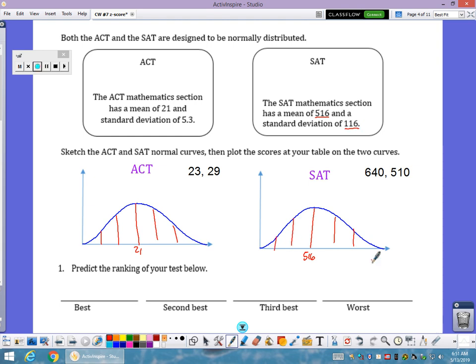Go ahead and do your couple deviations from the mean, and then it's asking you to predict the rankings of your test scores. If we look at a picture and talk about the standard deviations, are you better able to predict the best score and the worst score by placing these scores from earlier onto that chart? So try that. Take a minute.